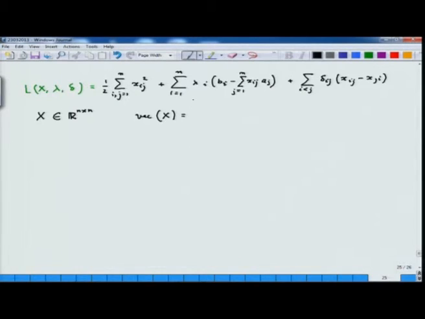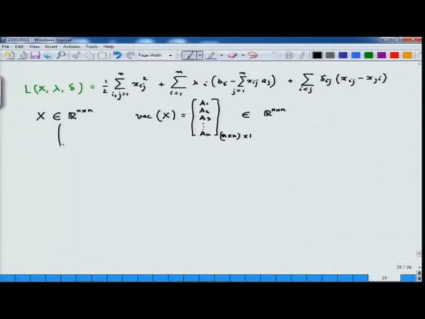If its first column is A1, second column is A2, then I stack up the columns like this, and I get this n times. So, it is an n square by 1 vector, and that is why it is always written like this, X is in R n cross n.